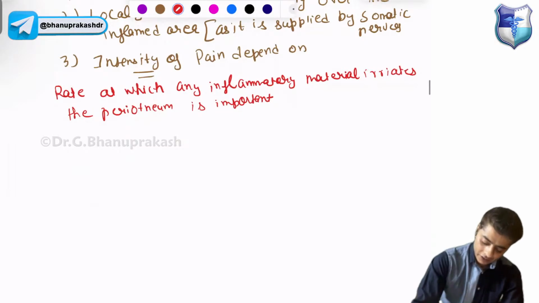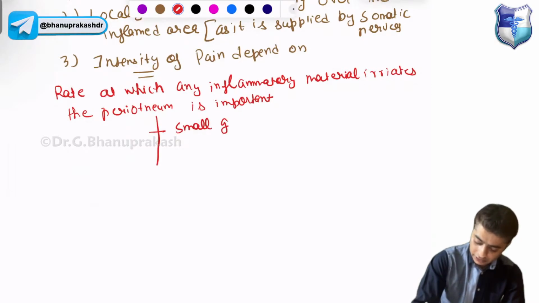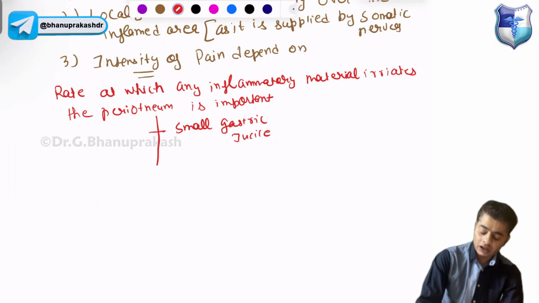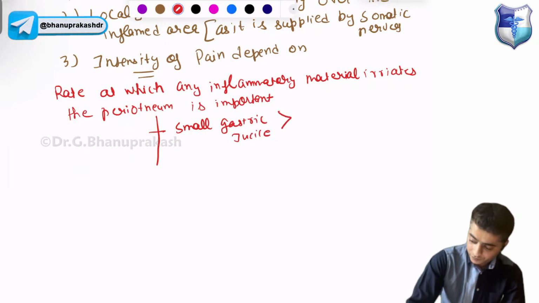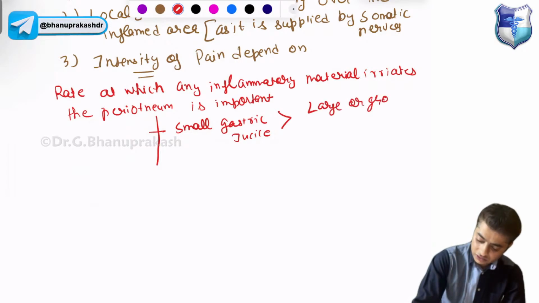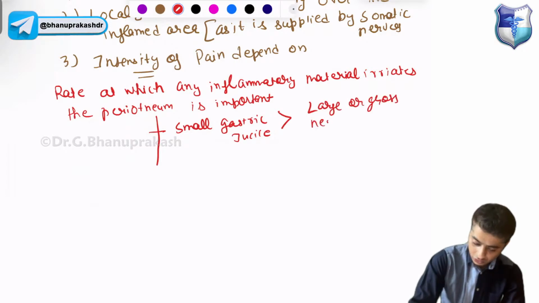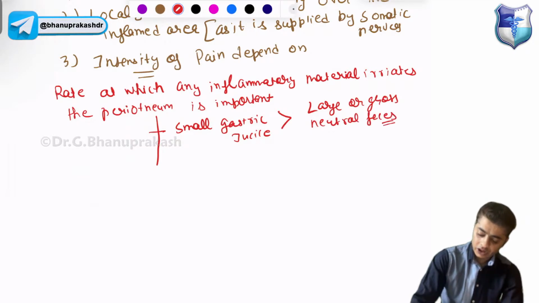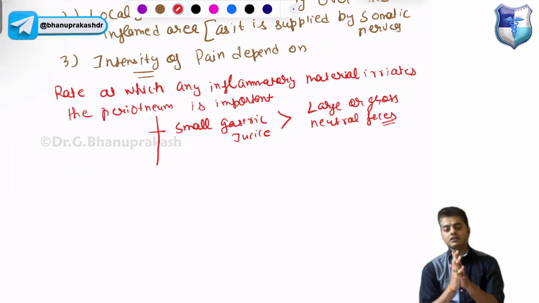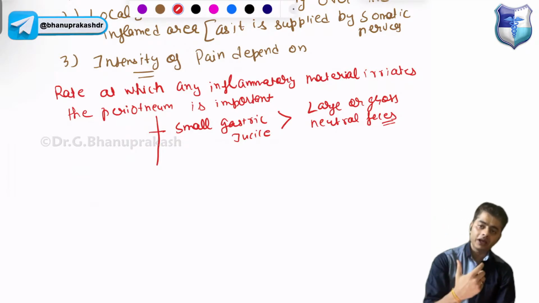Sometimes we have seen that small amounts of gastric juice create more pain compared to large or gross neutral fluids.